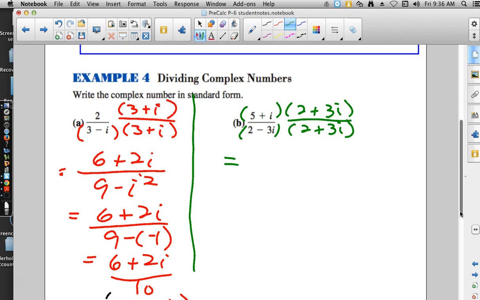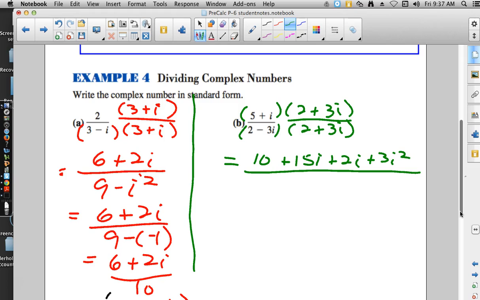Ashley, did you already do the FOIL on the top? What did you get for your FOIL? Good, everybody? Ashley said she got 10 plus 15i plus 2i plus 3i squared. Okay?